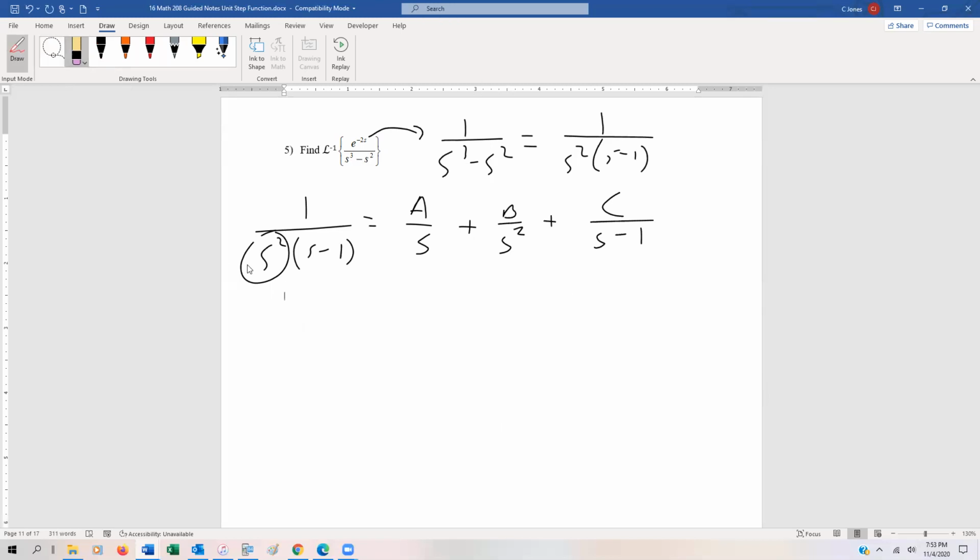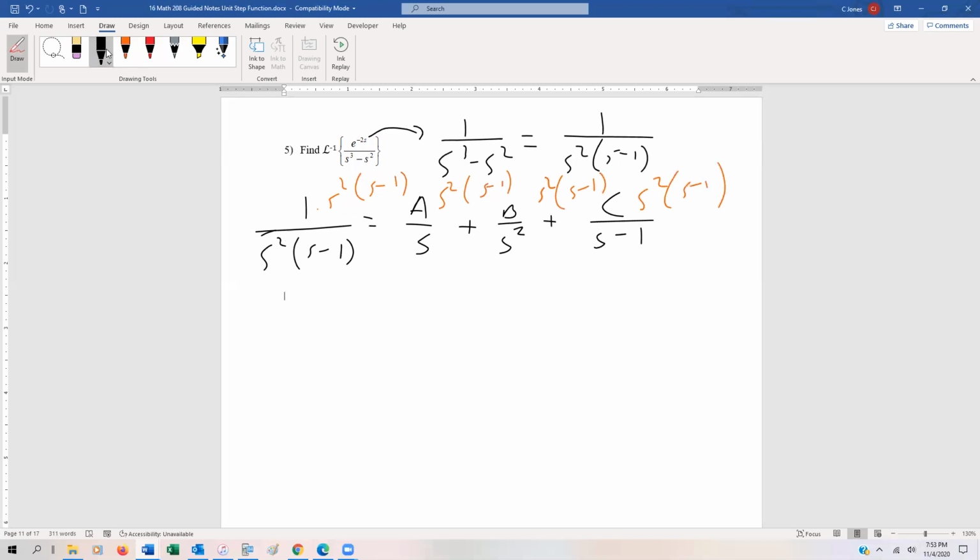And so to clear out our partial fractions, we're just going to multiply by the common denominator of s squared times s minus 1.